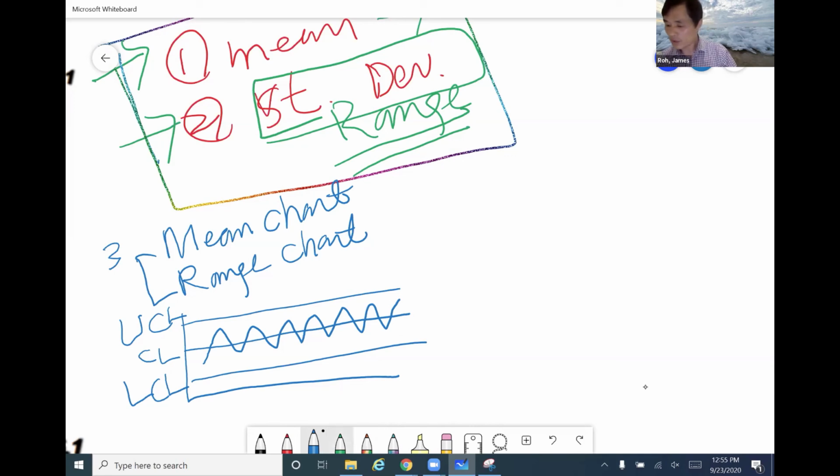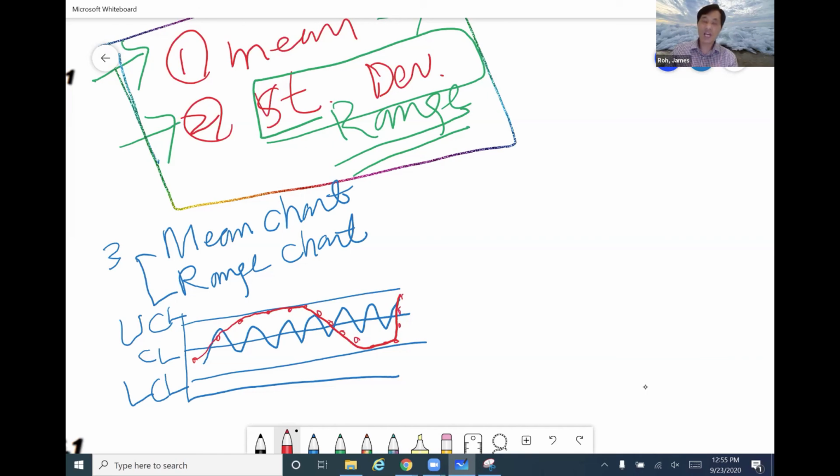However, if you have a process like this, it goes up and stays there, and then comes down and stays there and goes up. You just add the dots and it looks like that. This is not a good process because it's not oscillating. It's just staying on one side longer than the others, and it's close to the upper control limit and lower control limit.